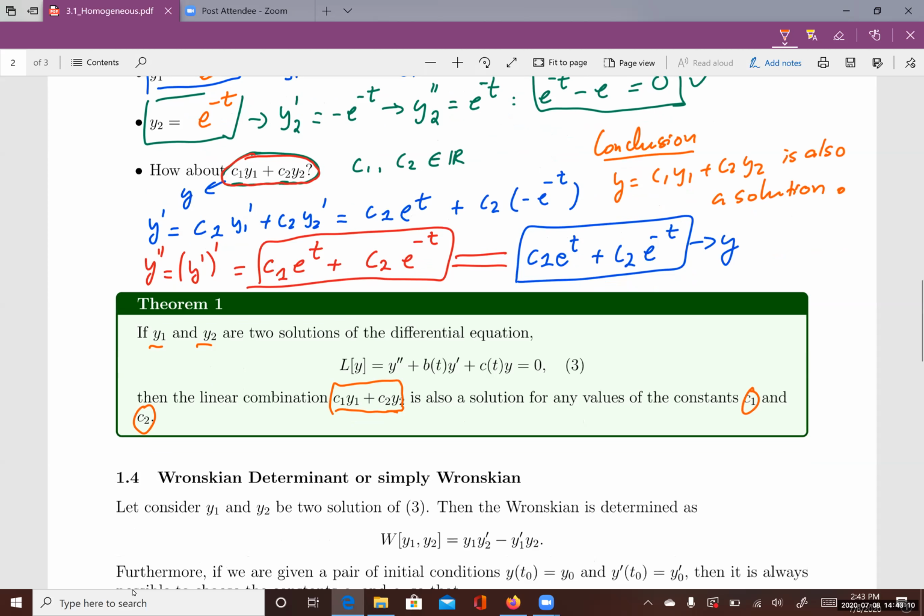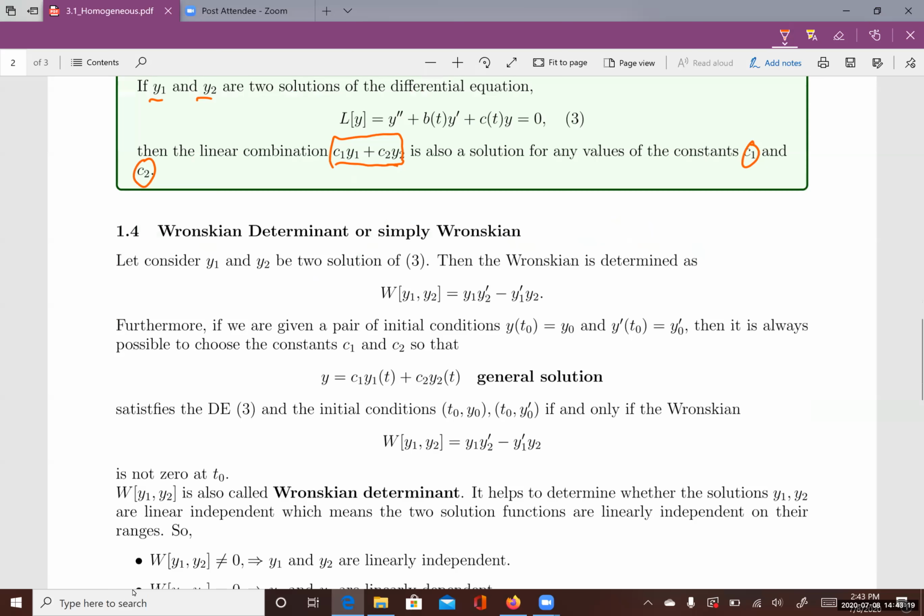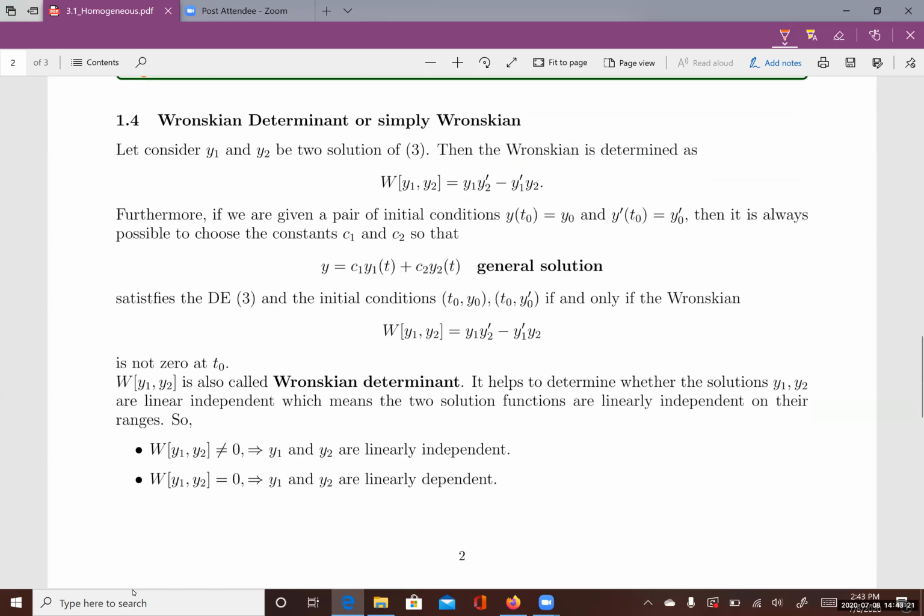All right. So we have two solutions. We can combine them using constants to come up with the general solution. Now we talk about Wronskian determinants, or simply the Wronskian.